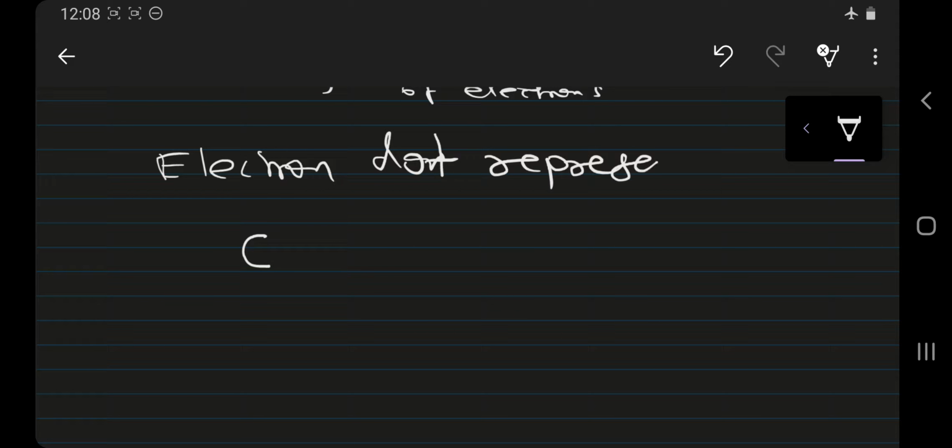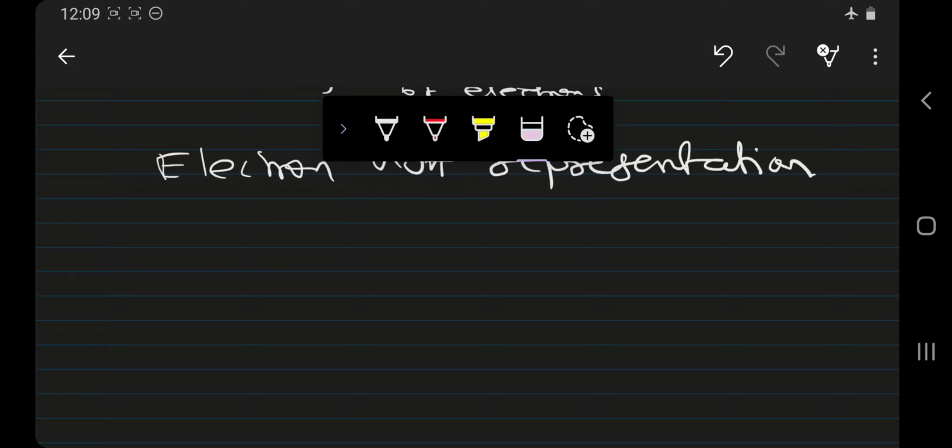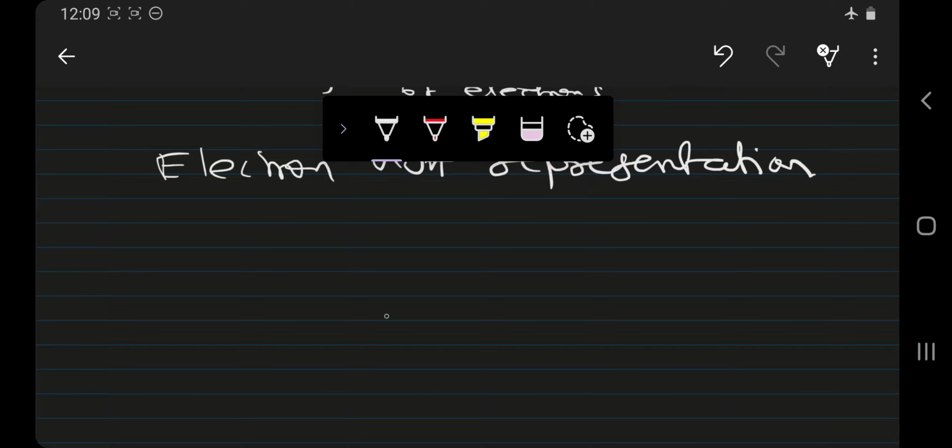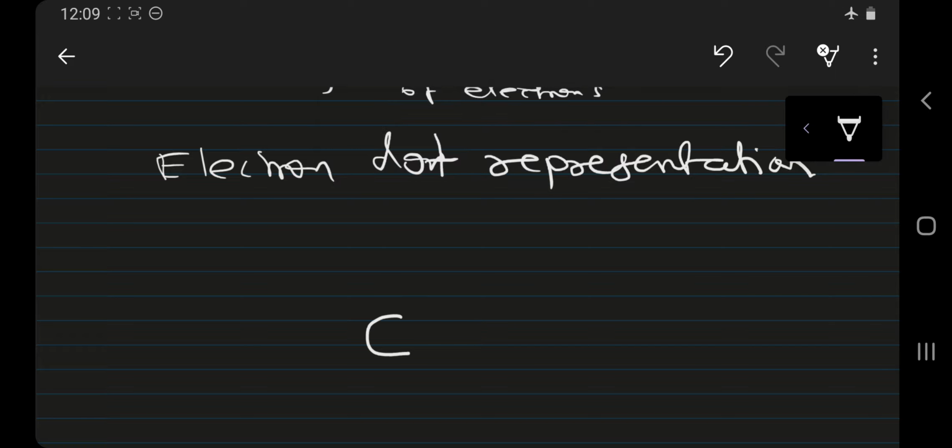In this electron dot representation, we are actually going to show only valence electrons, that is electrons residing in the outermost orbit. If it is so, then carbon with these 4 electrons will be our electron dot representation of carbon.